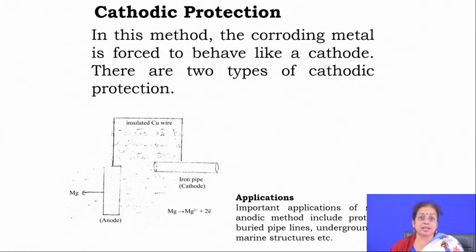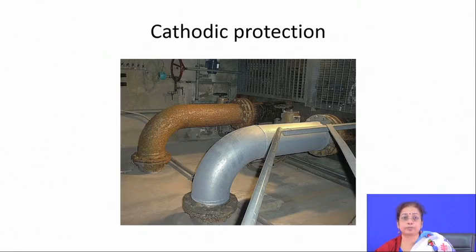It may be general corrosion, pitting corrosion, stress corrosion cracking, or hydrogen embrittlement. Any kind of corrosion can be taken care of by the cathodic protection process. By making your component the cathode, you indirectly minimize the corrosion, and you can get rid of the problem of corrosion to a large extent.